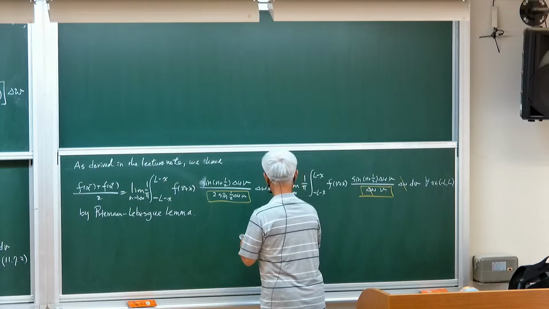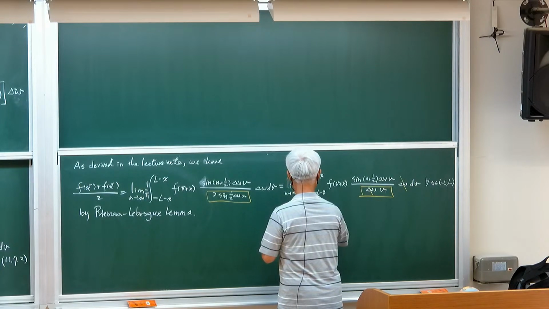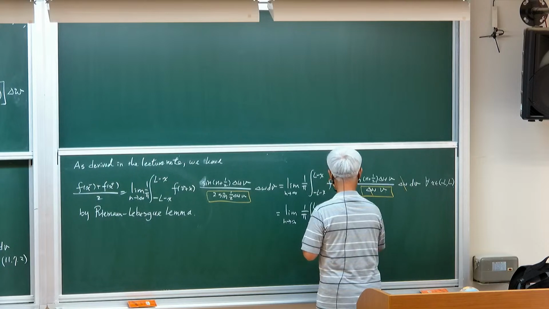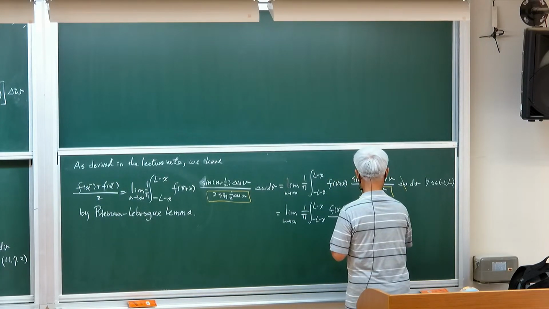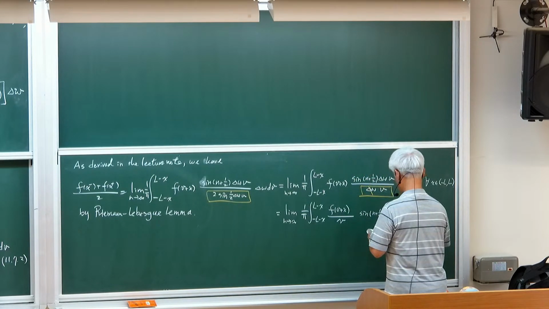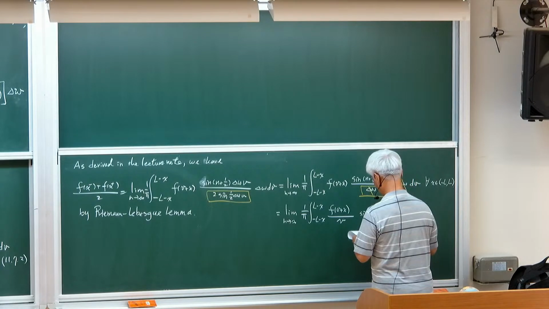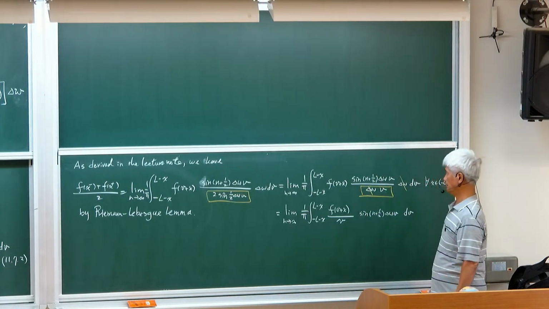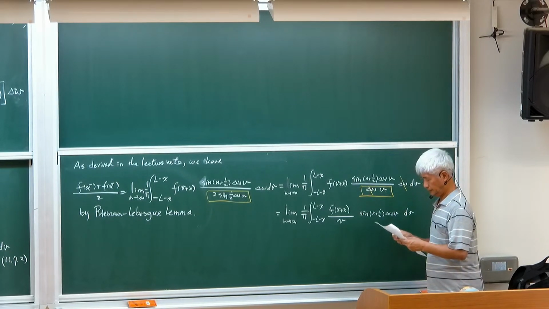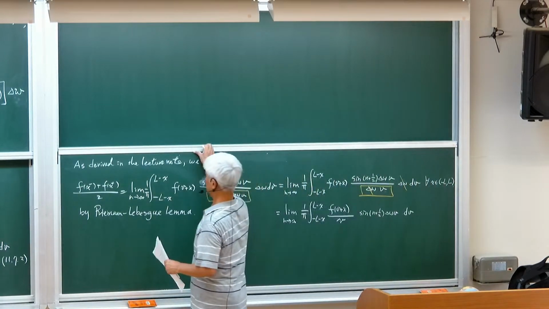So we have divided by v, and the sine n plus half v dv.